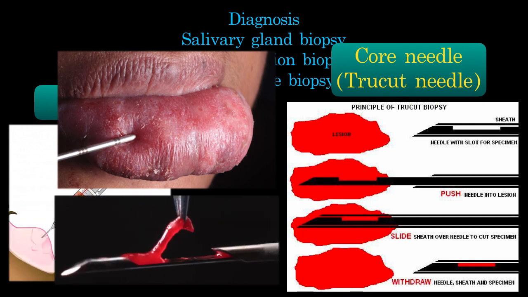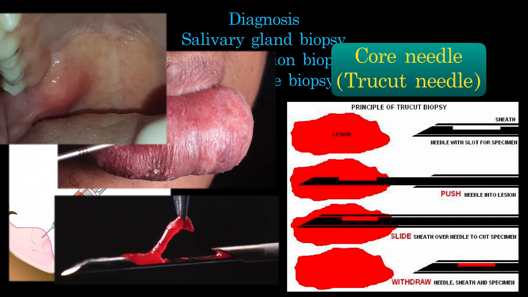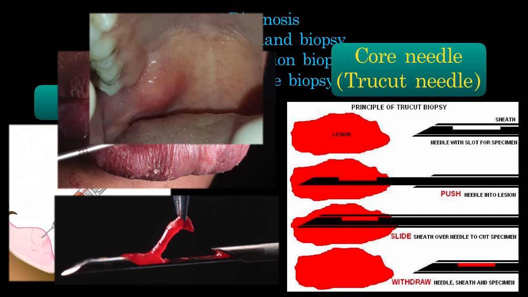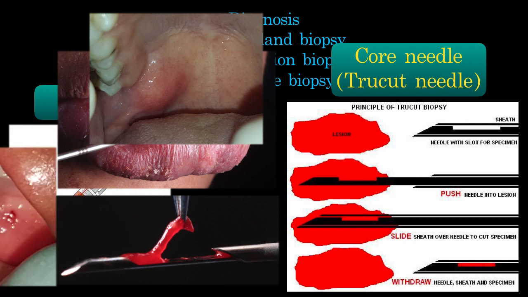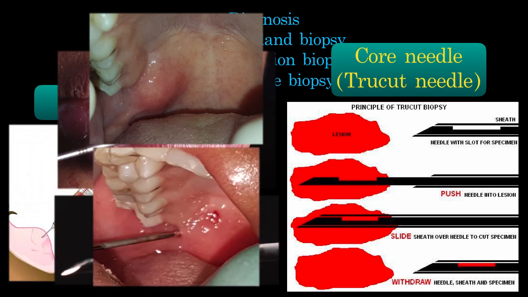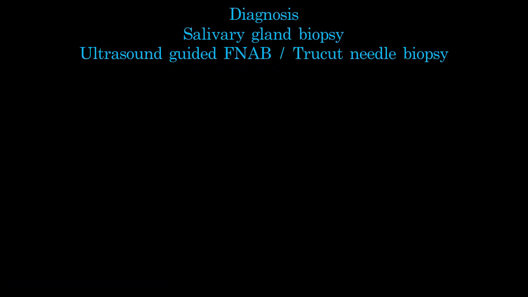And this is the piece of tissue that we harvested inside the trough of the needle. This was another case with a minor salivary gland tumor, and we took a biopsy from it with the true cut needle again, and it was diagnosed as pleomorphic adenoma. Only from a true cut needle biopsy we reached the final diagnosis.